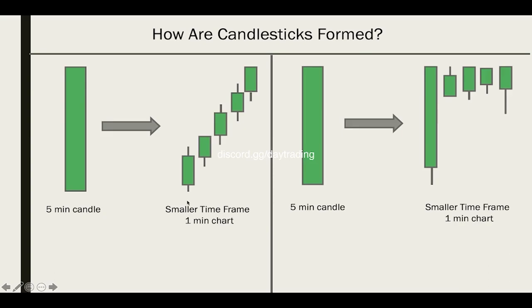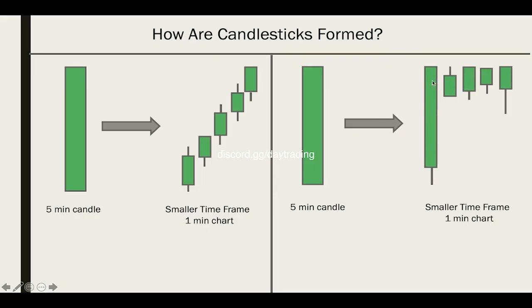Here, we have five 1-minute candles that make up a 5-minute bar, and here five 1-minute candles make up this 5-minute bar. But in this scenario, we have five candles that are going straight up, one after another, while here we have a big rally and then consolidation up here, meaning the candles are just staying at the highs of this candlestick.